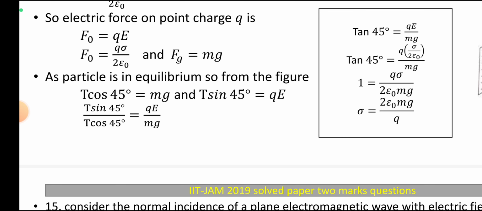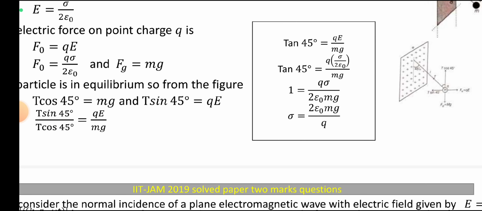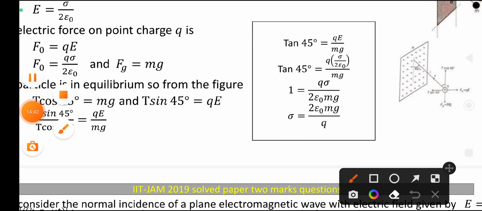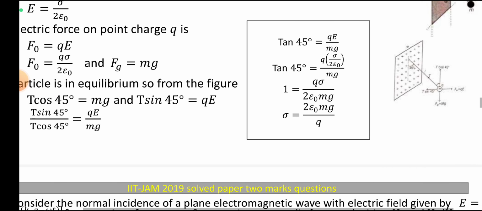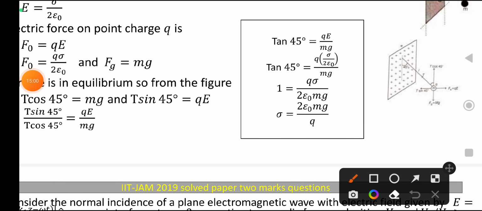See the side diagram also. mg equals T cos 45. And next, the force F equals QE, so QE equals T sin 45.